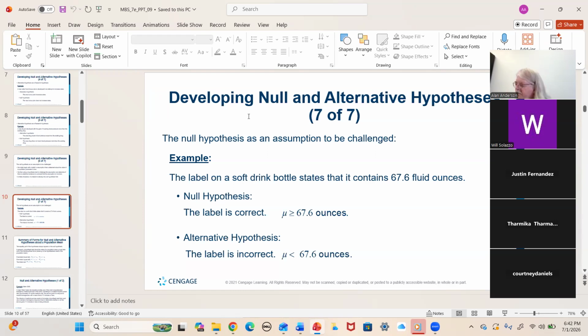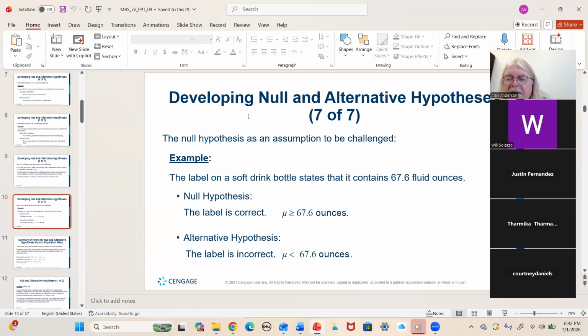Just like this, if we find that the bottles are underfilled, let's say we'll make a major change to the production process, which would be very costly. So we don't want to do that unless we have proof that it's absolutely necessary. So what's going to happen here is that the null will be that we do actually have at least 67.6 ounces of soda.